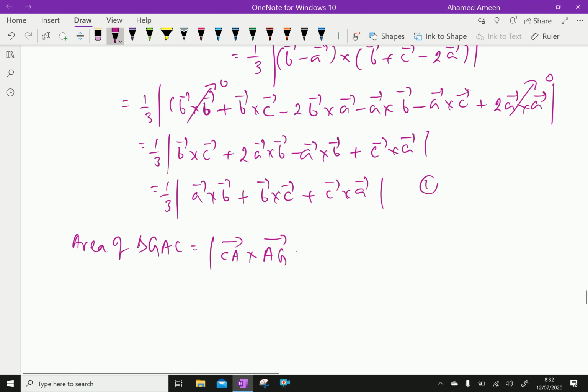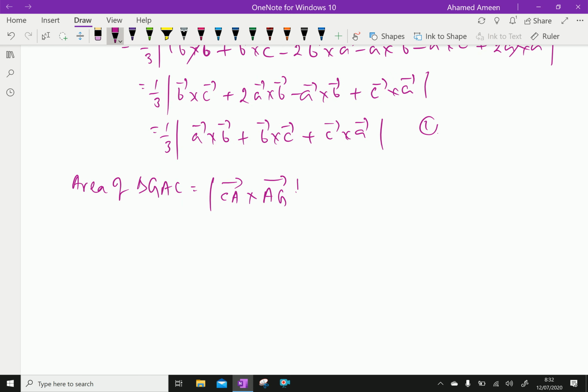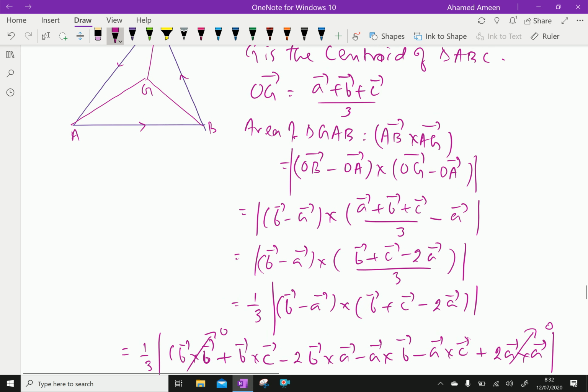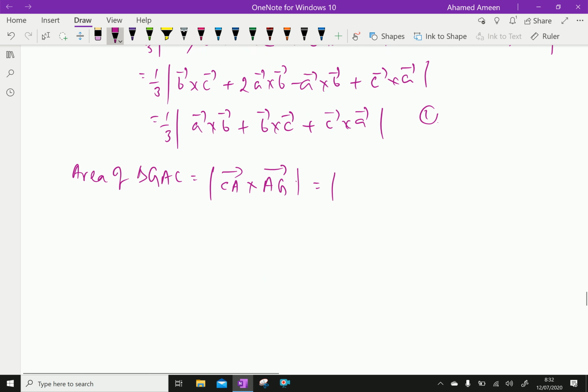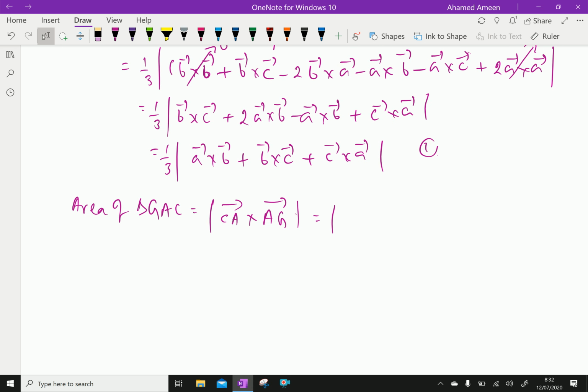We can write CA as OC minus OA. Actually the arrow mark comes this side. We need CA, so we can write minus AC, that is CA cross AG is OA minus OC.